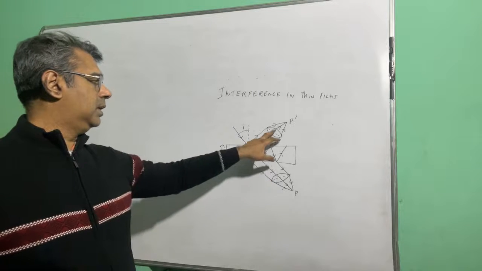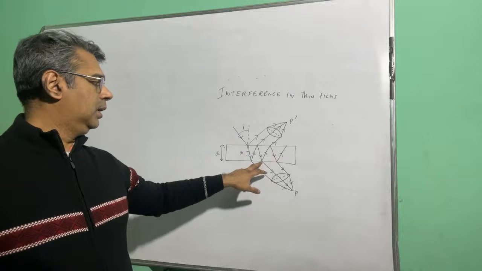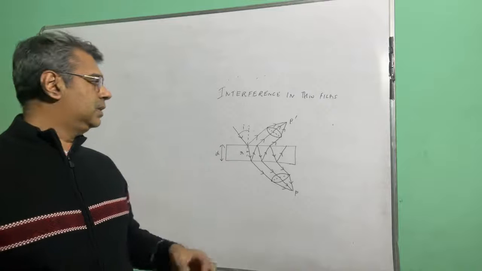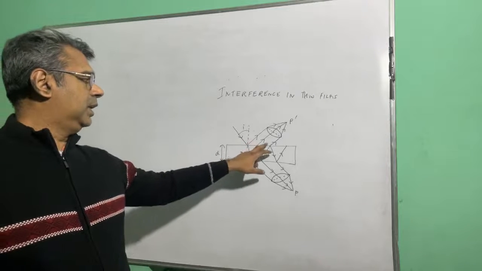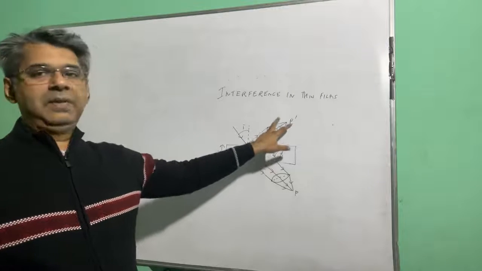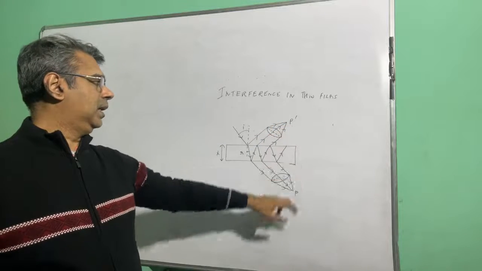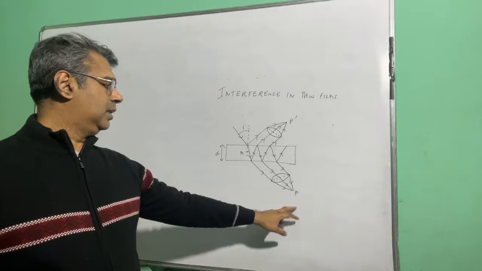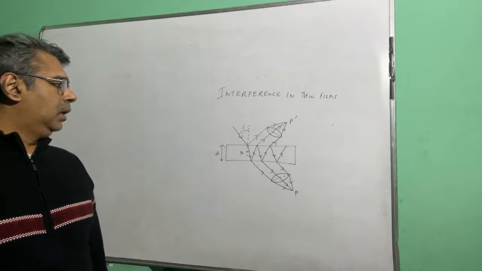In this way you always have two possibilities, resulting in a bunch of rays called the reflected rays, which meet at P dash, and a bunch of rays called the transmitted rays, which meet at P.